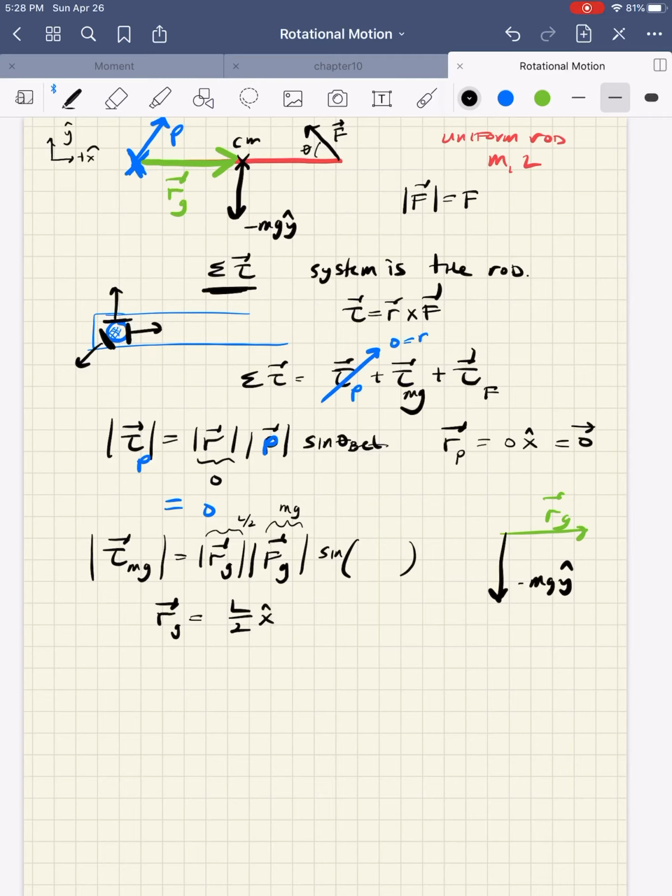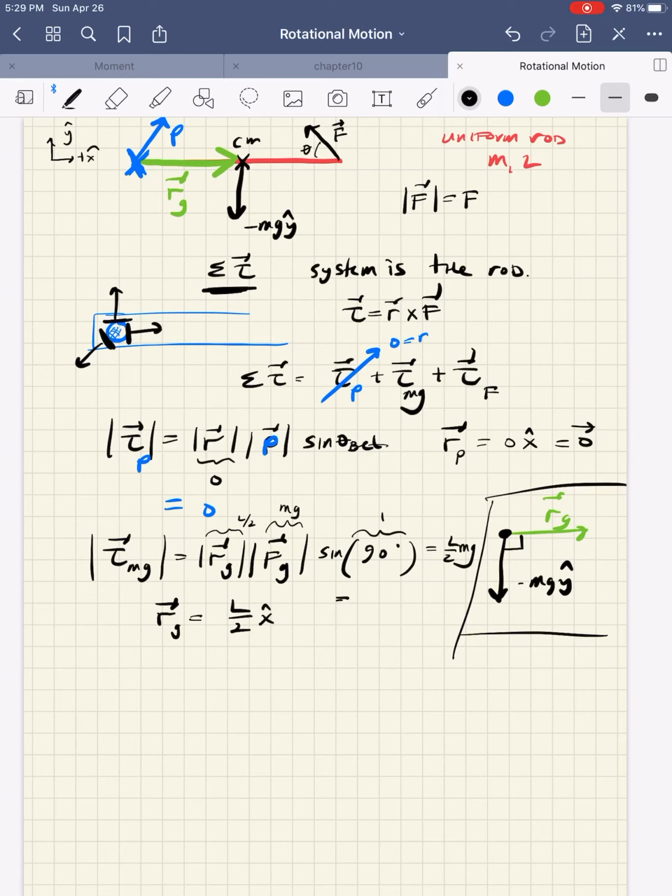And the angle between them, matching them tail to tail, is 90. Sine of 90 degrees, of course, is 1. So this is again telling you that the perpendicular components contribute. And in total, the magnitude of the torque here is L over 2 times mg.